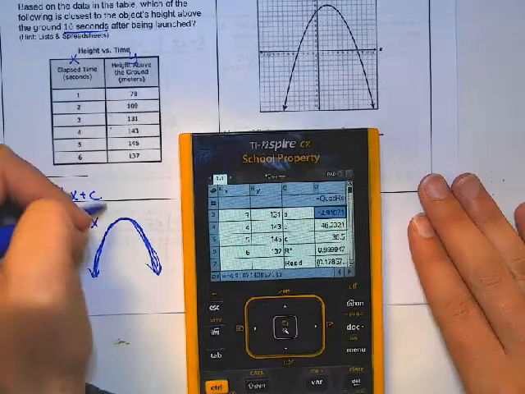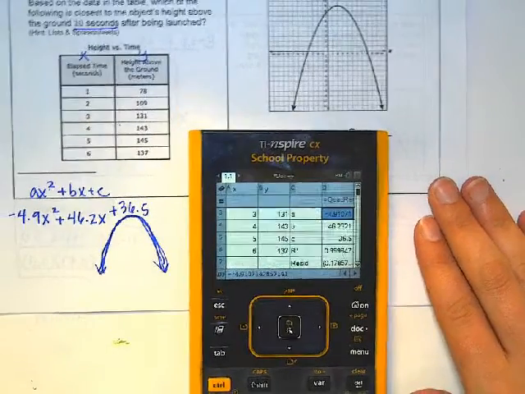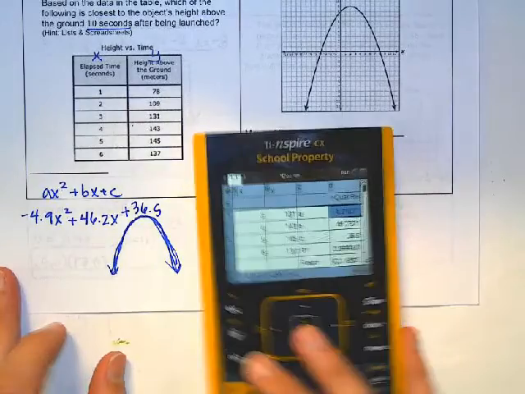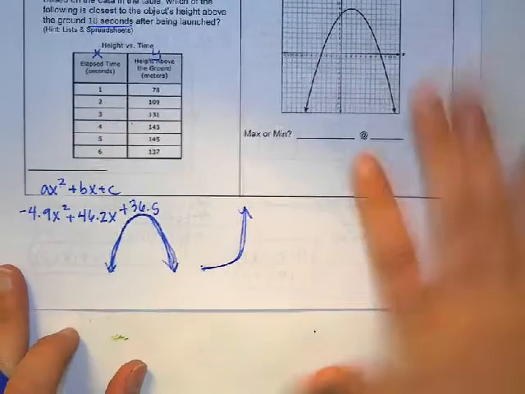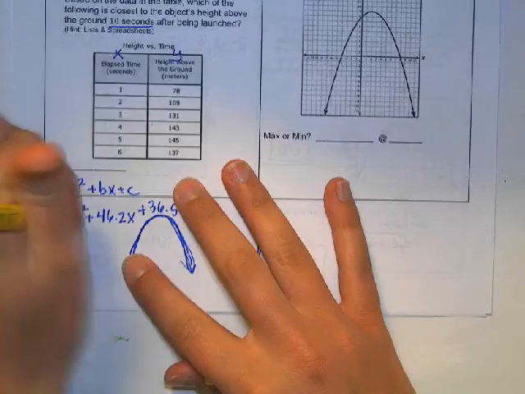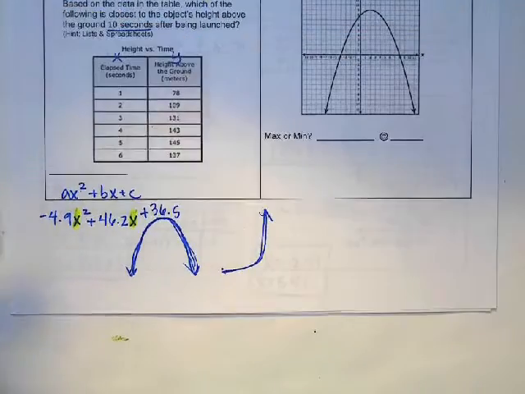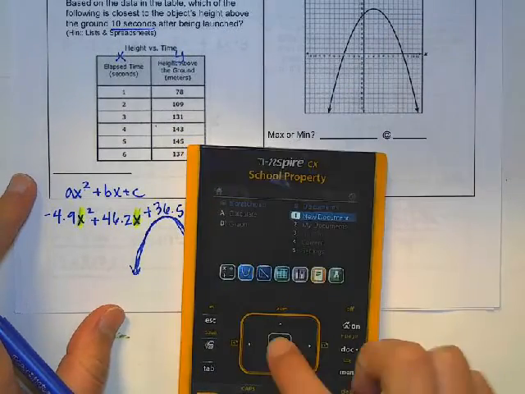And my c is going to be positive 36.5. Okay, I want to know after 10 seconds, what am I going to do with that 10? I'm going to plug it into the X spots, both X spots, and what's got to be around that 10? Parentheses.